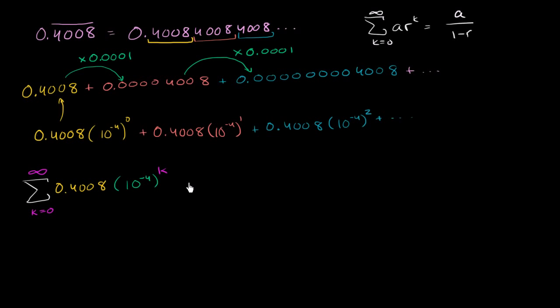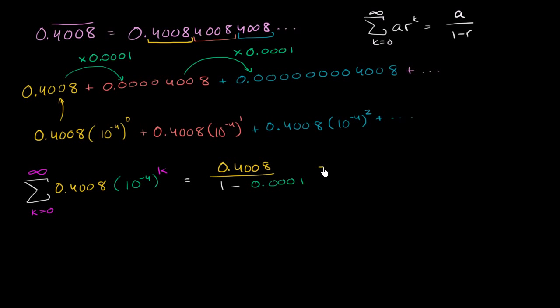So in this case, our a here is 0.4008, and it's going to be that over 1 minus our common ratio, 0.0001, or 1/10,000th.